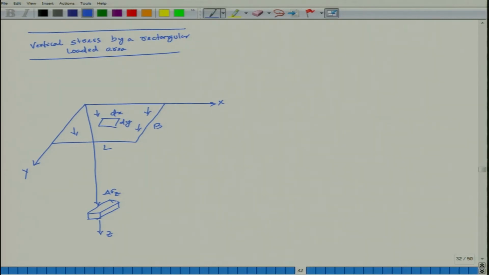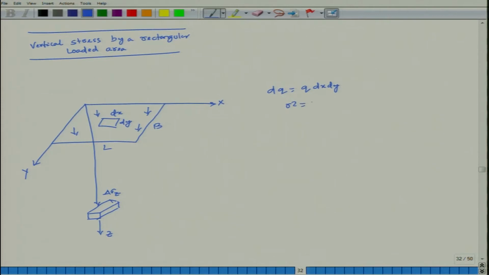So, I have considered a small area of size dx and dy. The area has length L and width B. Then dq is equal to q into dx dy.